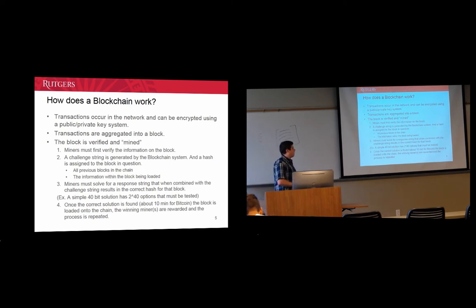When the block gets mined, miners first have to verify all the transaction information in this block. There's one party trading to another party, and then another party trading to a fourth party, and then maybe the first party has another transaction.